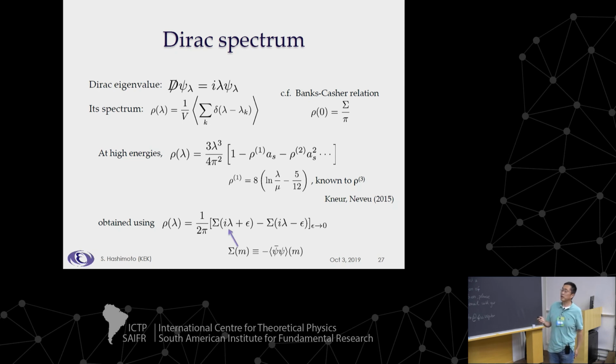The perturbative corrections to this limit are known up to alpha s cubed by these people. This is obtained from the calculation of the one-point function, like a one-loop chiral condensate calculation. But by putting the mass as i lambda and taking the imaginary part, we can obtain the spectrum. That is the trick used to obtain that perturbative expansion.